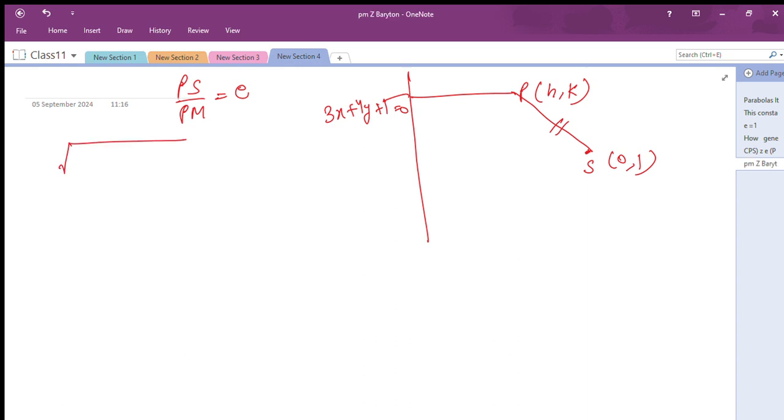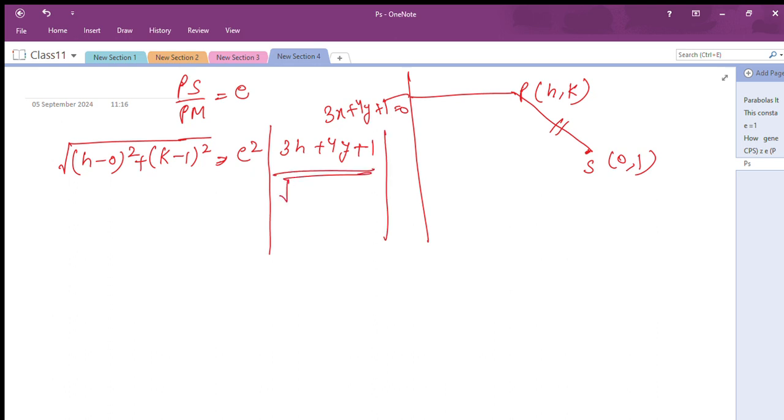You write h minus 0 whole square plus k minus 1 whole square, and e square. What is the distance of PM? Put the formula: 3h plus 4k plus 1 upon root of 9 plus 16, right? And this will be h square plus k minus 1 whole square.